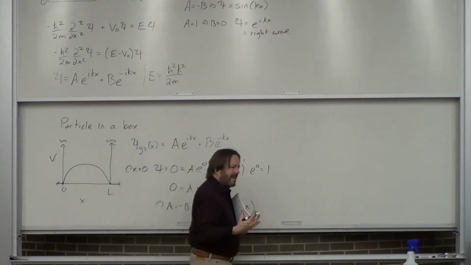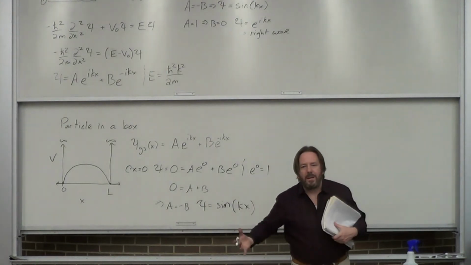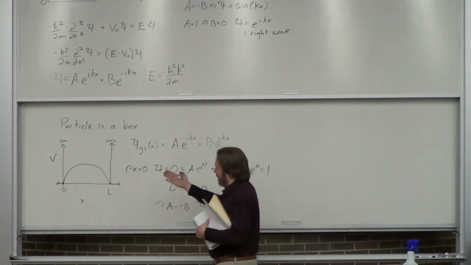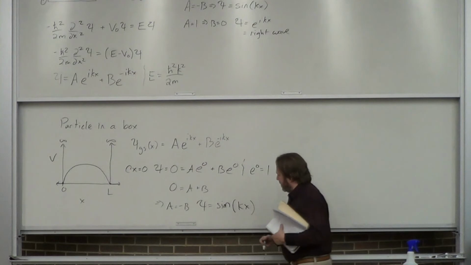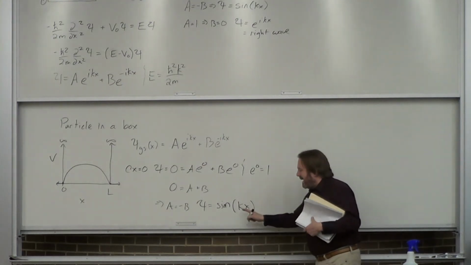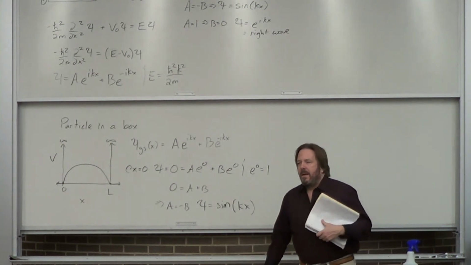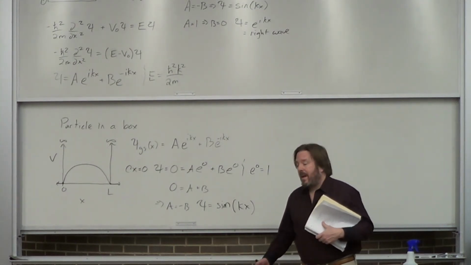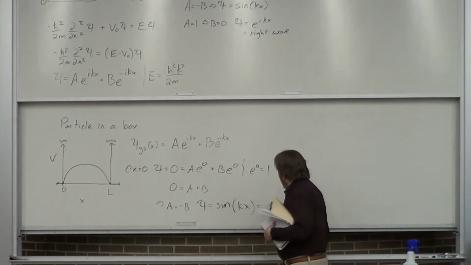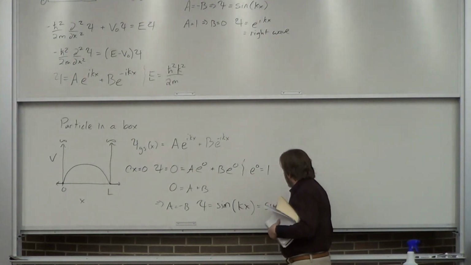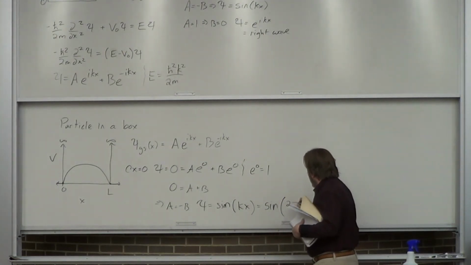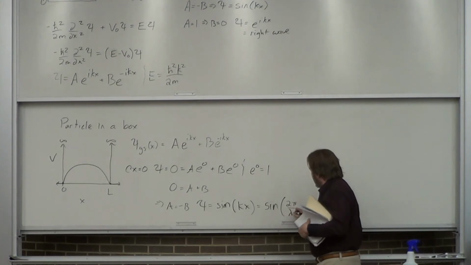There we go. You see, this is how you whittle away at a problem to a solution. Notice we're not quite done yet. K is rather unsatisfying. I mean, K is K. Remember, it's technically 2 pi over lambda. You remember that?